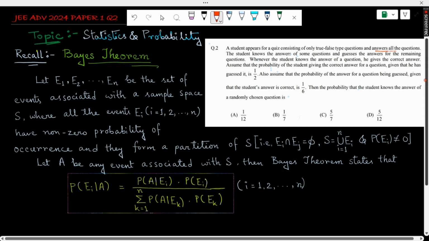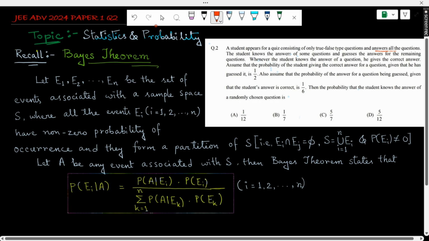So let there be n events E1, E2 up to En associated with a sample space S, where all the events have non-zero probability. That means probability of Ei is not equal to 0.